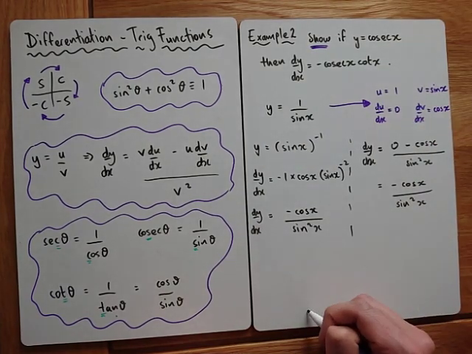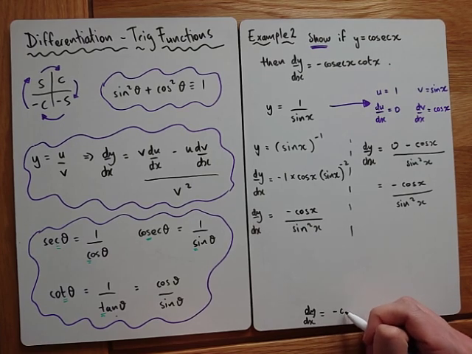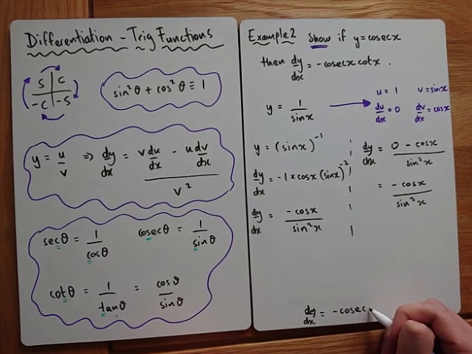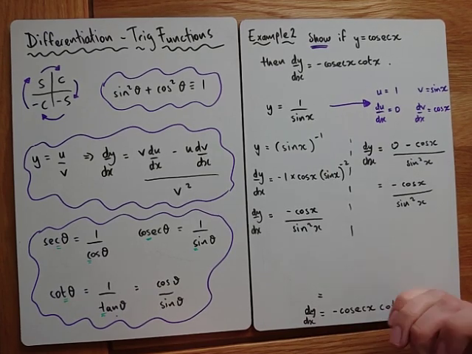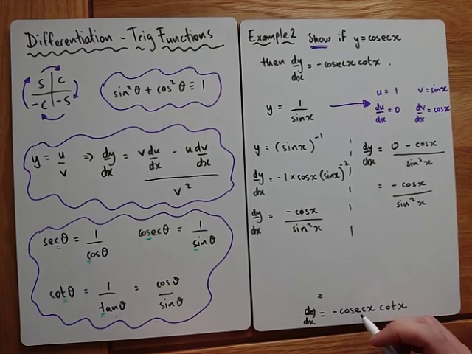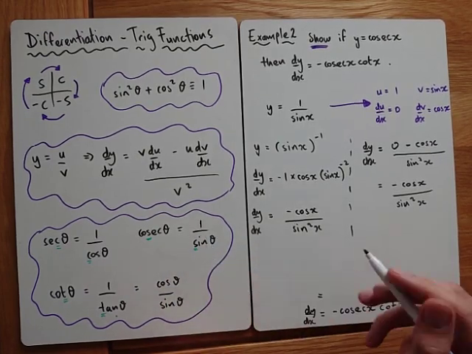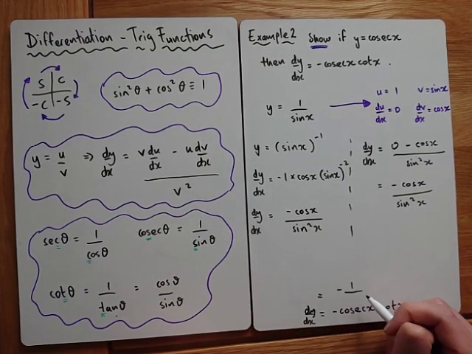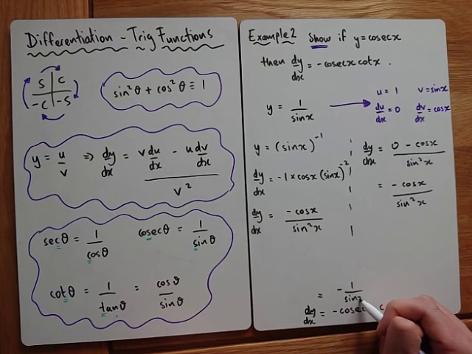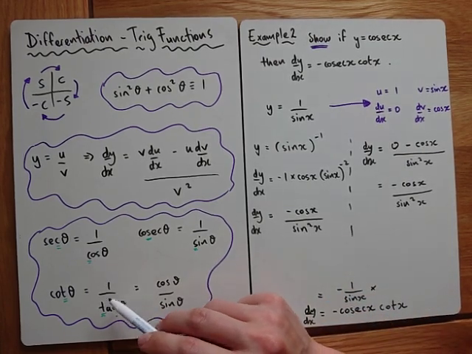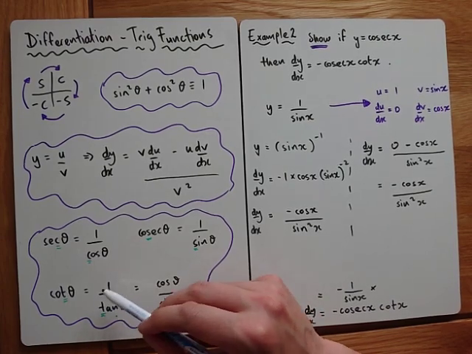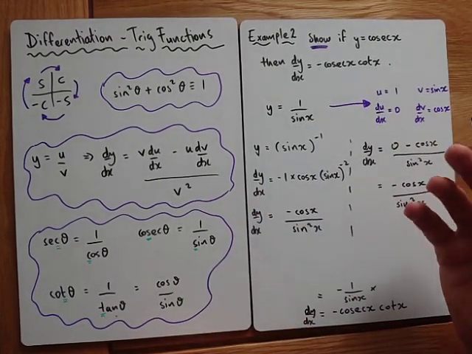So if I was trying to get to dy by dx is equal to minus cosec x cot x, we could work backwards a bit and think, well, what do we know about cosec? Cosec's 1 over sine, so that'd be minus 1 over sine times by cot x. Cot is 1 over tan, but to be honest, you don't really want to use 1 over tan because everything else is in terms of sine and cos.